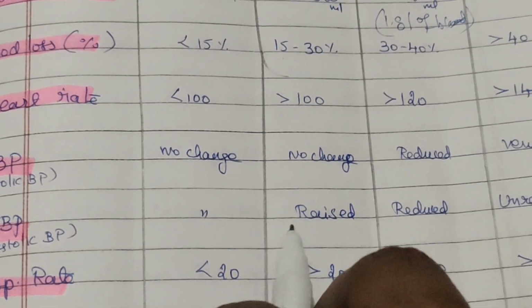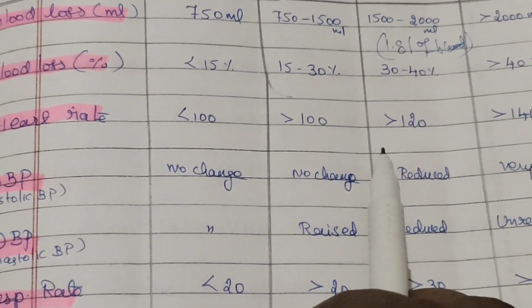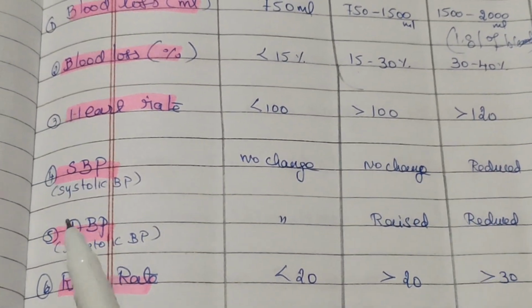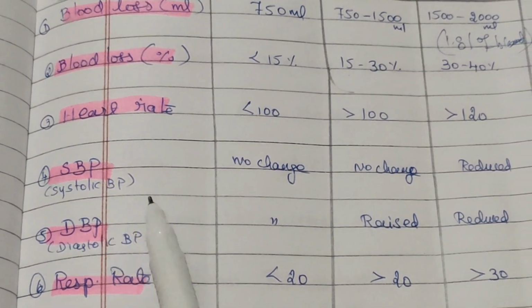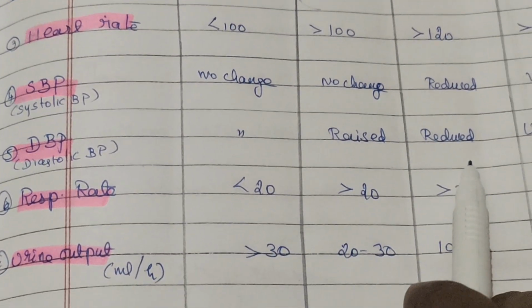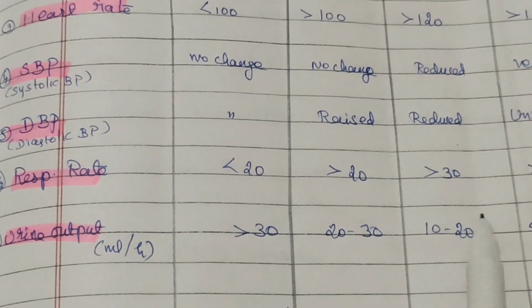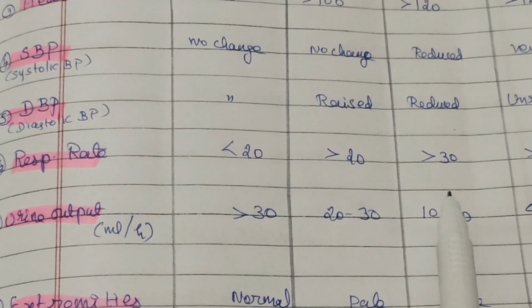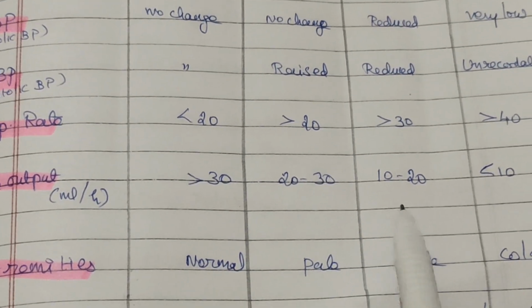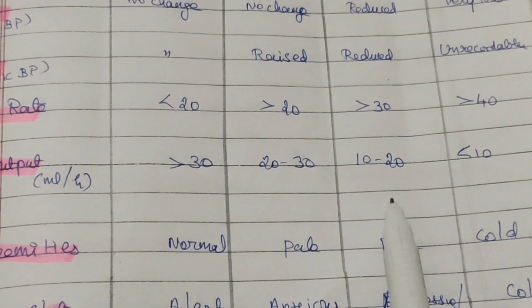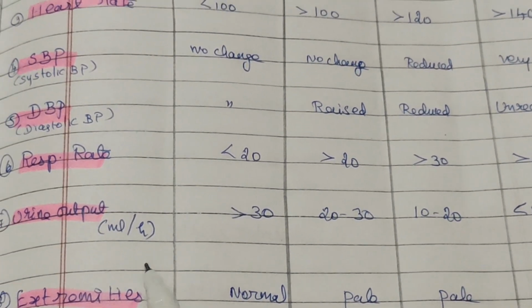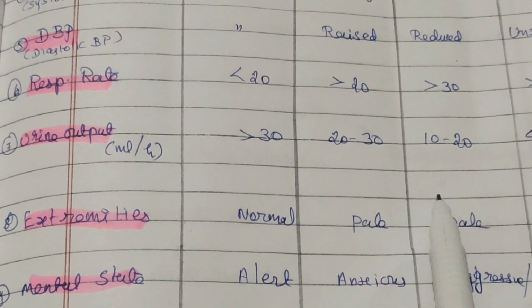Then heart rate here is more than 120. Systolic blood pressure is reduced, diastolic blood pressure also reduced. Rate of respiration more than 30. Urine output decreased to 10 to 20 percent. Respiratory rate is increasing, urine output decreasing.